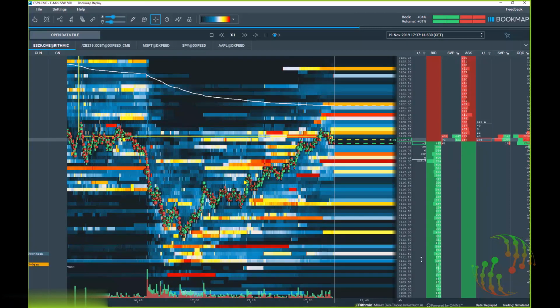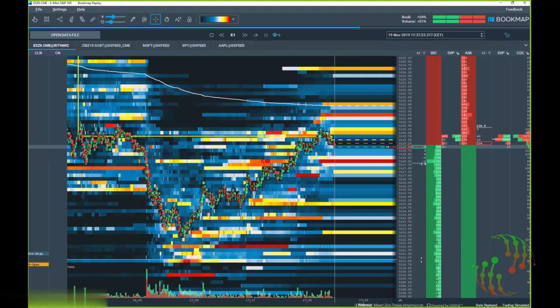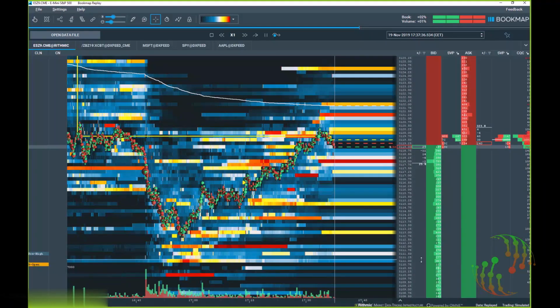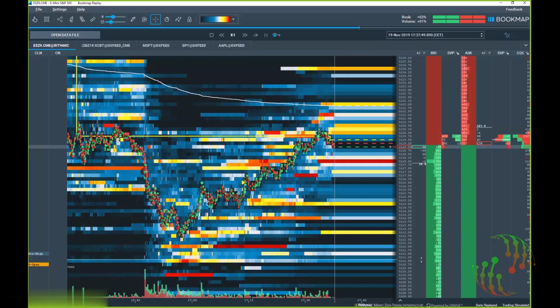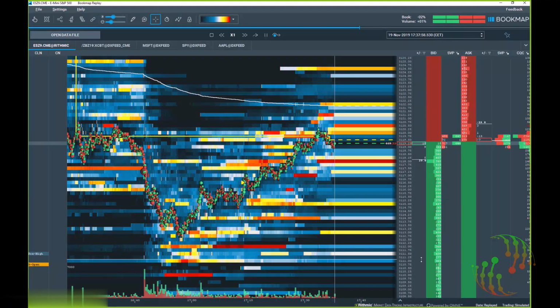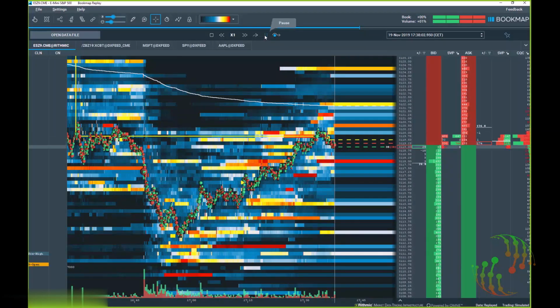I mean, nothing is indicating that something is going to happen. What is happening here? What's this one? The liquidity on the bids.